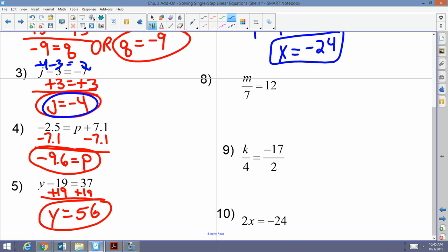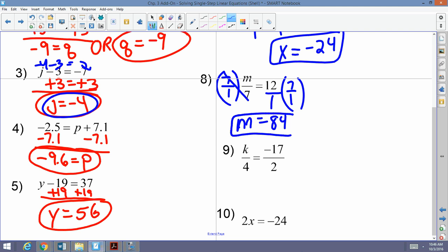You're multiplying, really, 7 to the numerator, right? So make your lives easy, guys, and just multiply by the reciprocal. That way you know if it goes in the numerator or the denominator. Now 7 times m over 7, that cancels. M equals 7 times 12, because remember there's an invisible 1 down there, and that's 84.